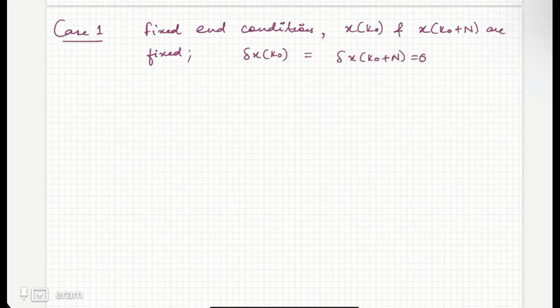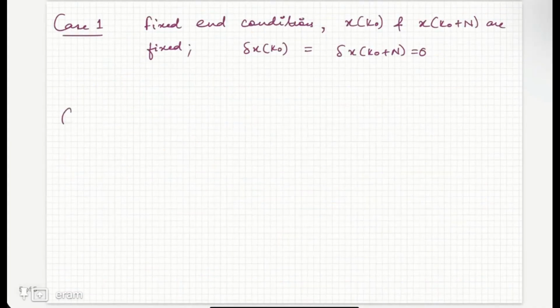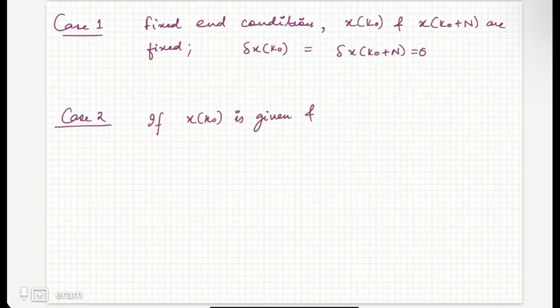Okay, and when both are 0, this term has no significance. Now in the second case, if xk naught is given, and the final state x of k naught plus n is free, that is the case most of the time, then the variation of x at initial time must be 0.